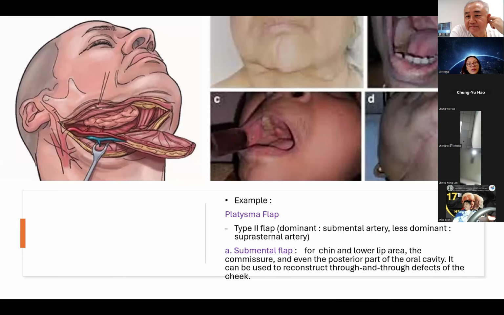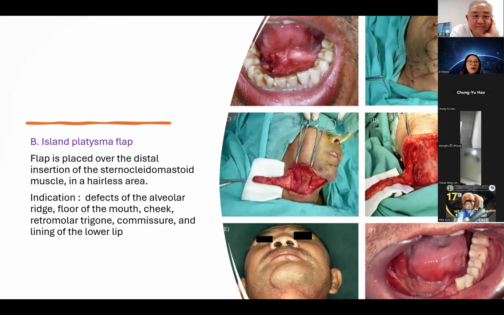And then we have a submental flap. You raise it around the submental area, and then you can use it to reconstruct the cheek, the lips, as well as the tongue. We can have a platysma flap with the blood supply from the submental as well.